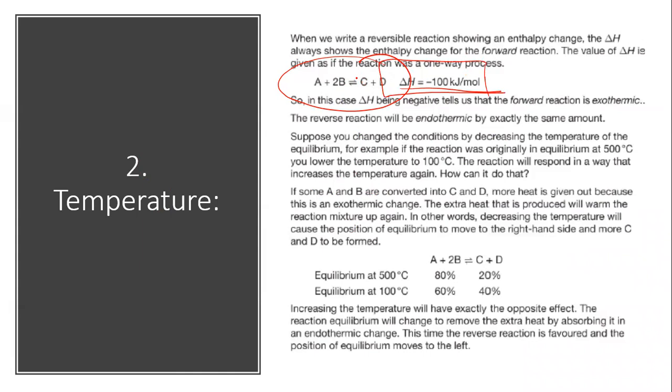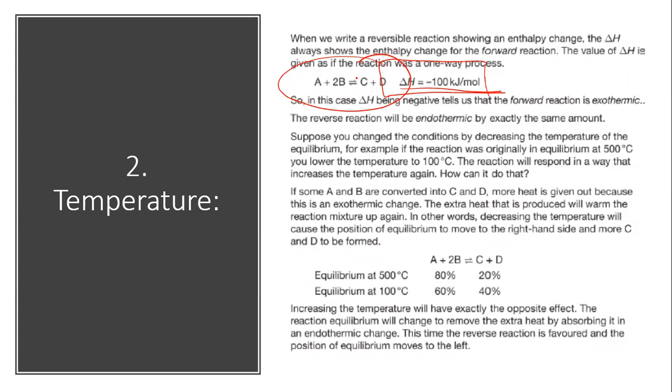That means during the forward reaction, not the backward reaction, 100 kilojoules per mole of energy is going to be produced. It's going to be released.